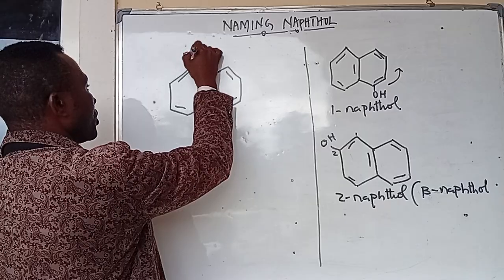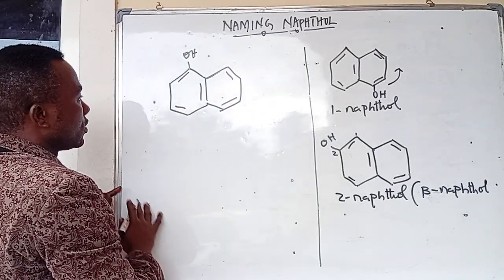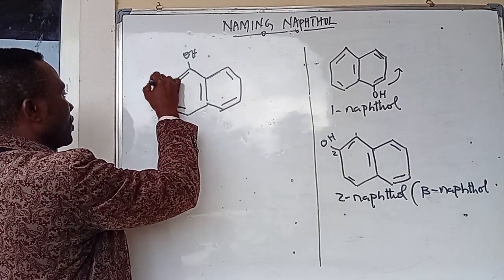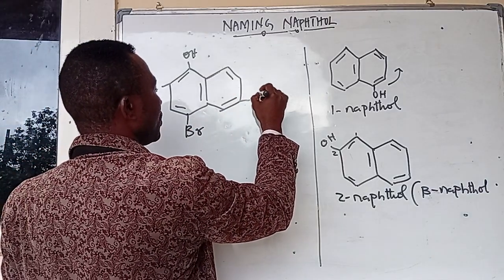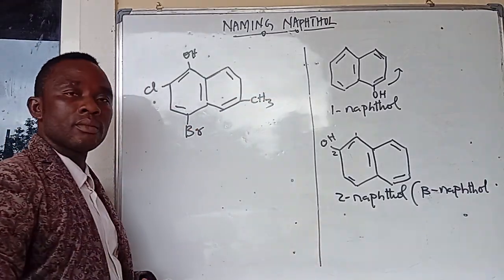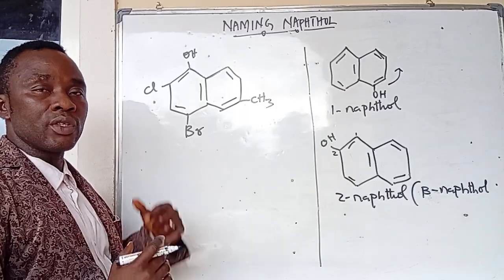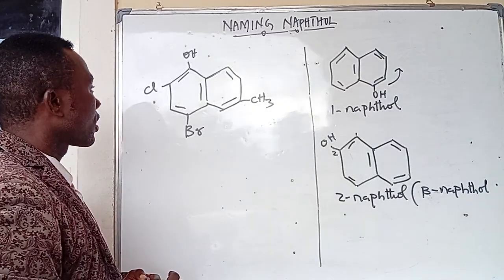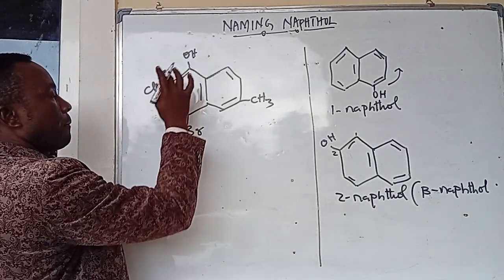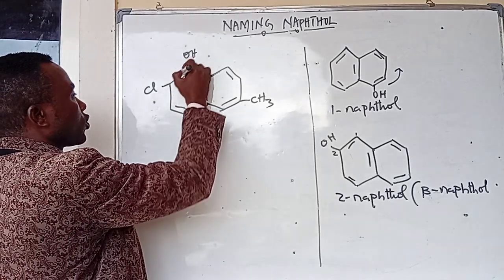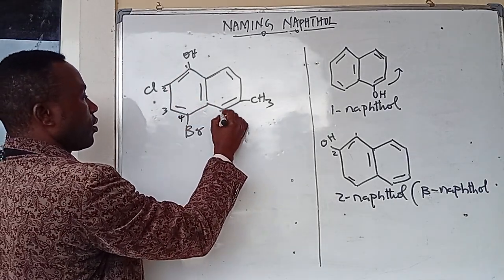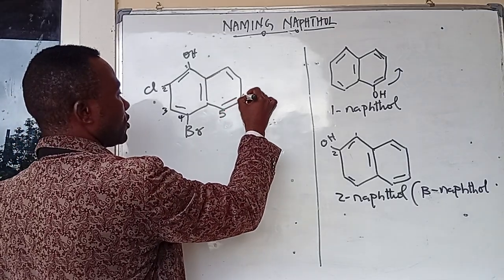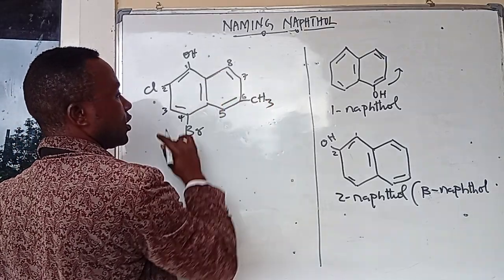Let's say we have OH here, then we have Cl here, Br here, and CH3 here, and we are asked to name this compound. Now you have to number the compound: carbon number 1, 2, 3, 4, 5, 6, 7, 8.